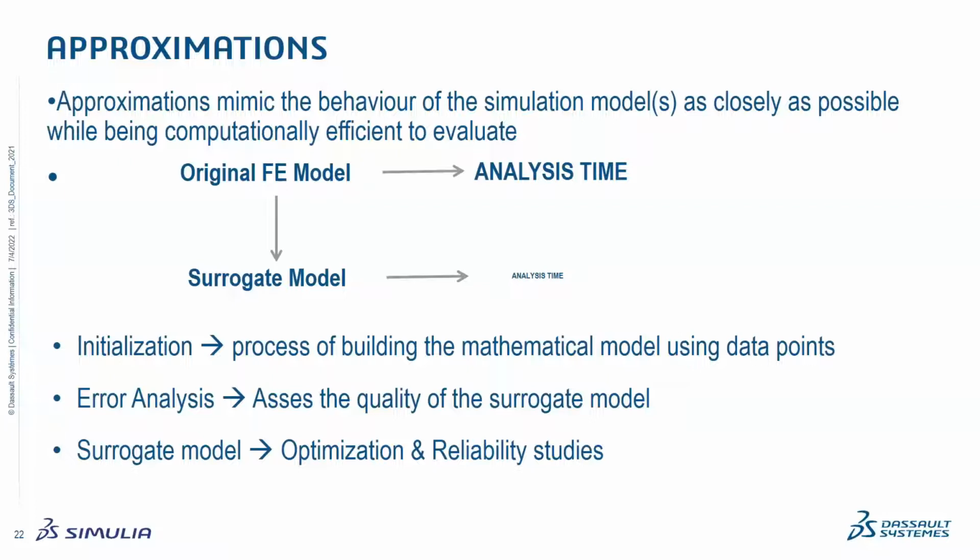In case you are running a long running simulation, you can imagine a crash simulation where it might take more than 24 hours or even more. If you are taking that into optimization, then it might run forever. If you have to run some 100 iterations, each one taking one day, it may not be feasible computationally, and it might take a lot of time as well.